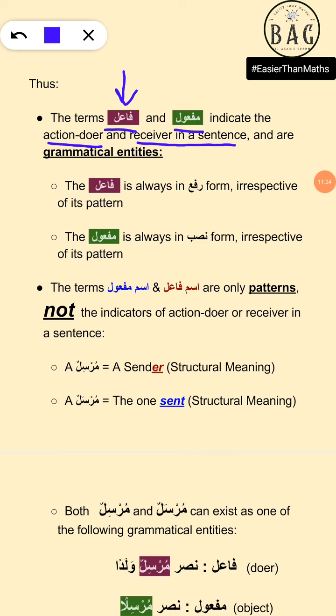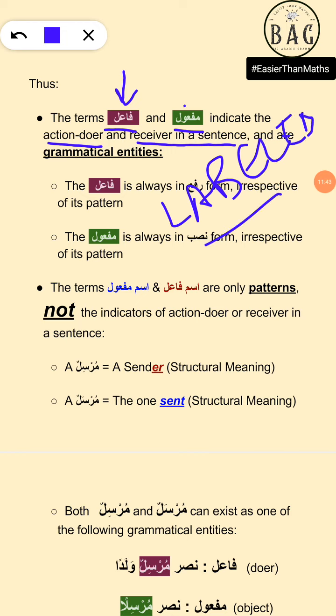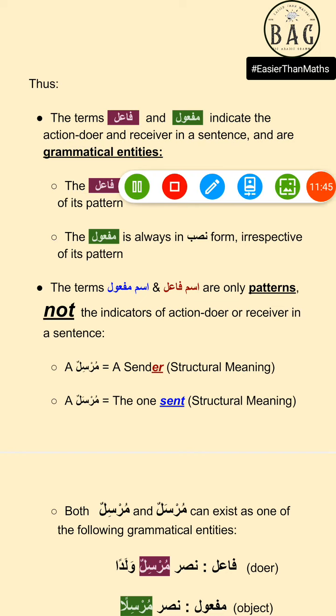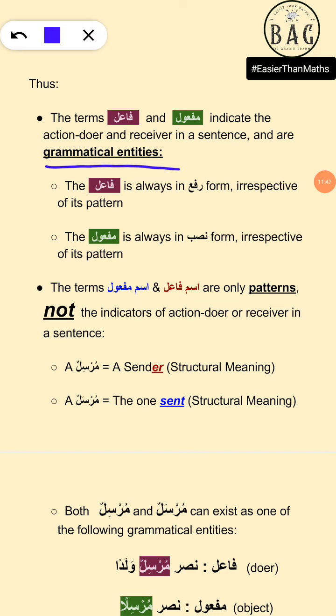And any word that is in nasab form is going to indicate that it has received the action. Therefore, it is going to be labeled, and this is the important word, labeled as a maf'ul. And they are, of course, the grammatical entities.